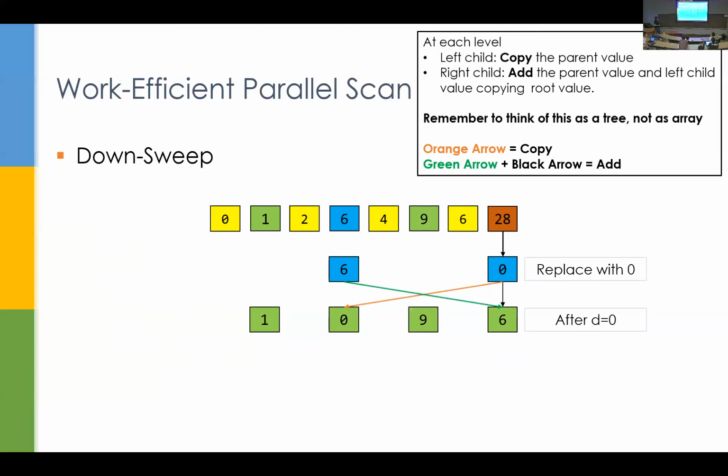Now what we're going to do is, for this element, if we take 0, 0 is a root, right? We're going to take 0, copy its value, look at the right orange arrow, copy its value to its left child.